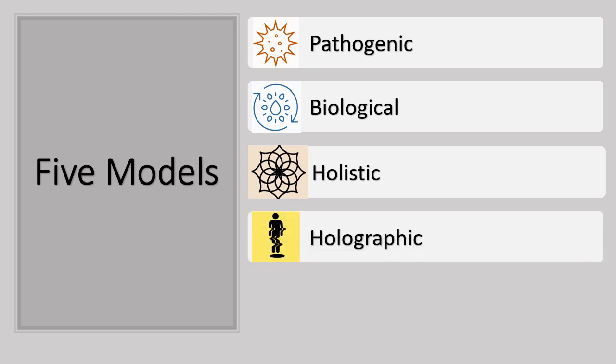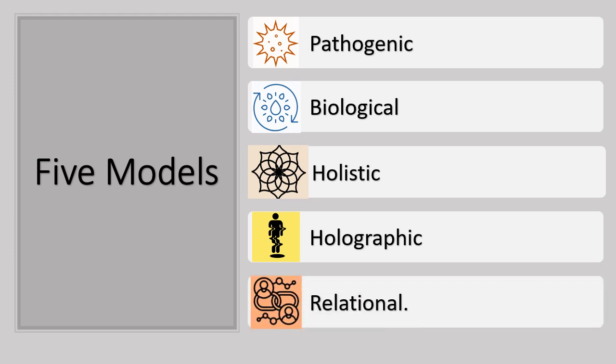We have a holographic model in which we look at some universals. And finally, we have a relational model, which is much more advanced, and I don't know if we'll be able to cover that in this course, but it's good to know that there is something known as relational, because we'll be dealing with it briefly in the case that comes up at the end of this lesson.